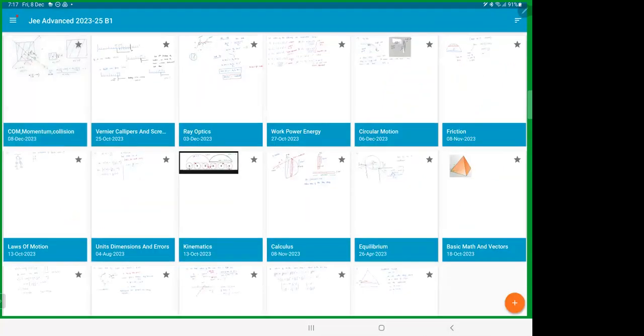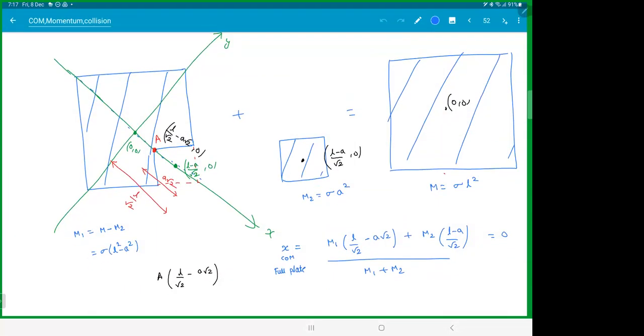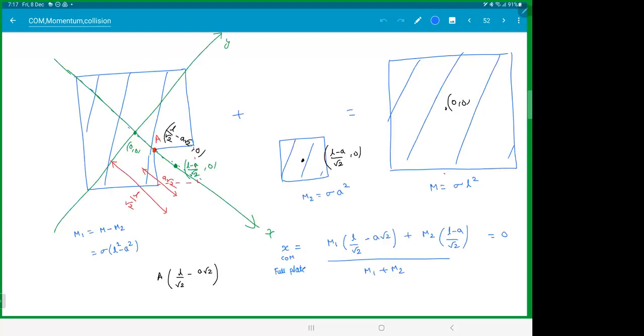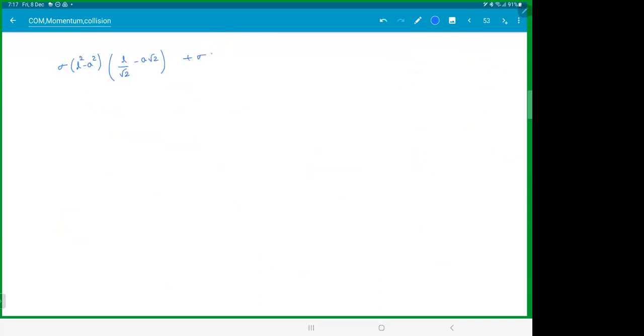So M1 will be sigma into L square minus A square, into L by root 2 minus A root 2. M2 will be sigma A square into L minus A by root 2, is equal to 0. Sigma goes off, cross multiply. What do I get here?